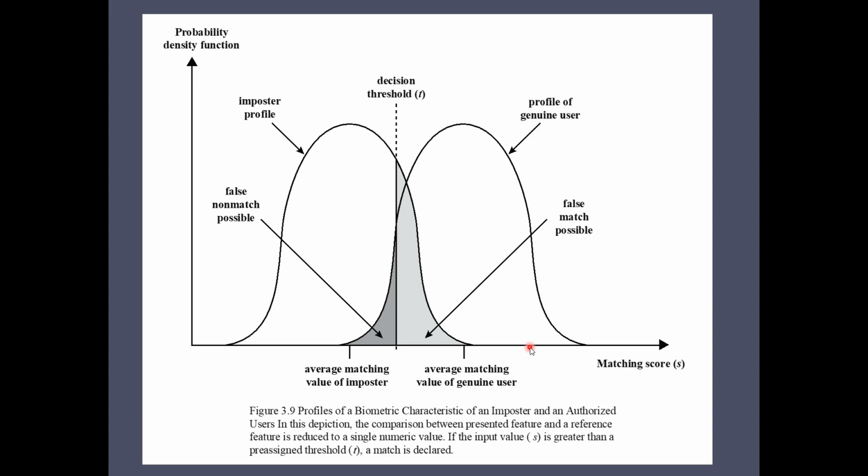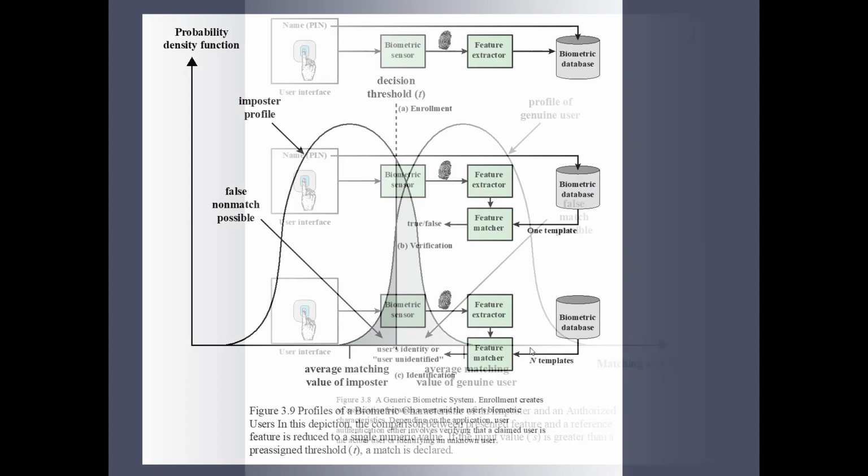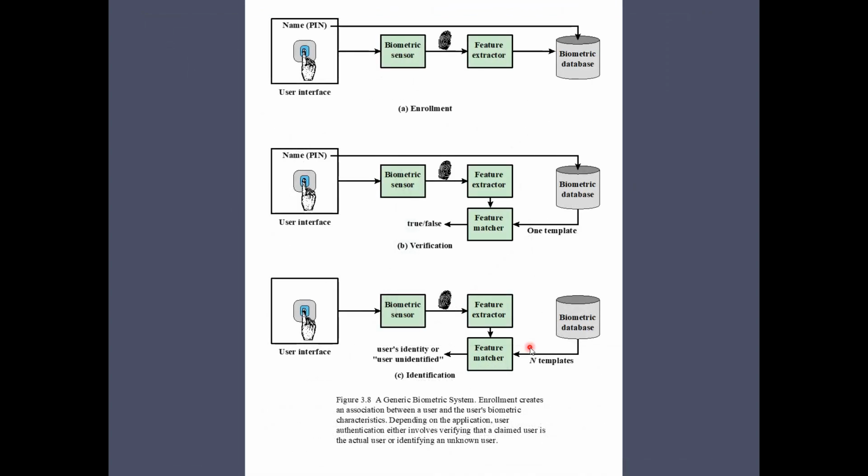Okay, so this is the probability of the matching score. As you can see here, there is room for errors, for mistakes.